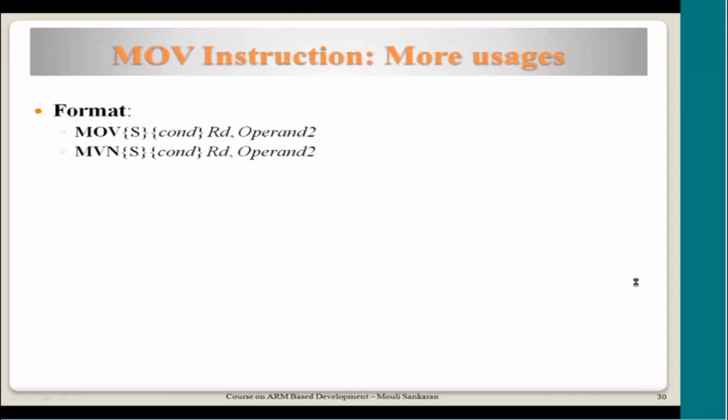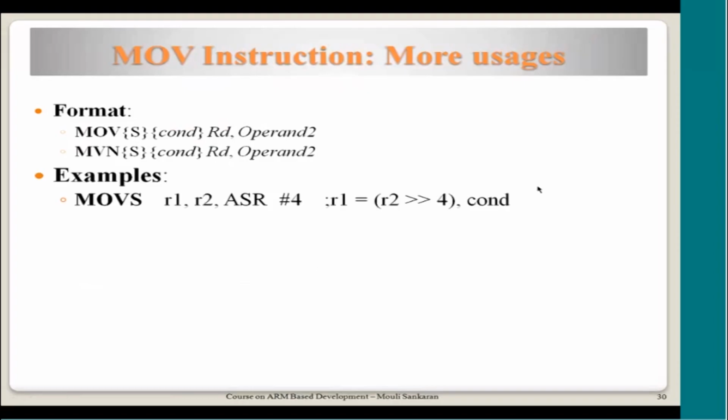Before we end the session, let us see a few examples so that this concept of conditional execution and the S flag gets into your mind. Here, analyze this: MOVS. Please remember, move can also impact the CPSR values, because it is doing some ASR operation, and the value written into R1 is the result of this instruction.